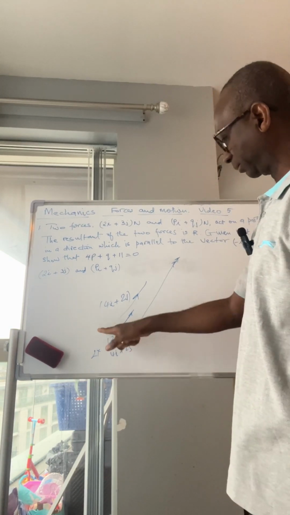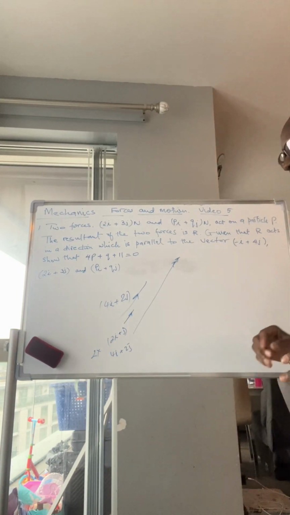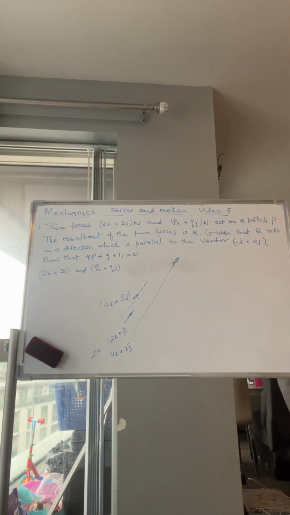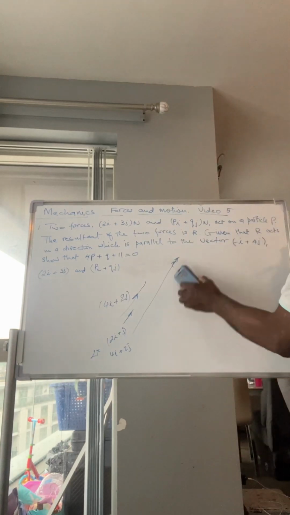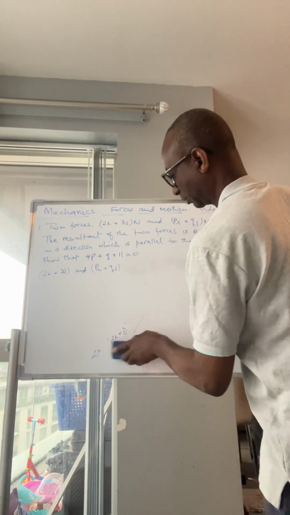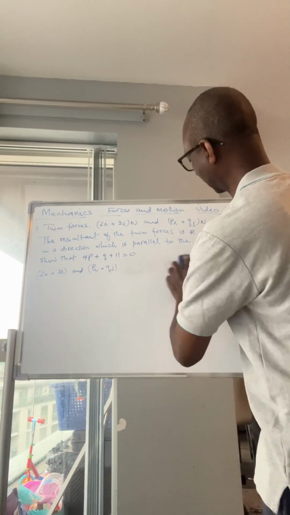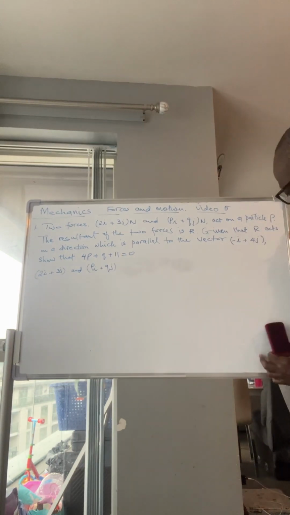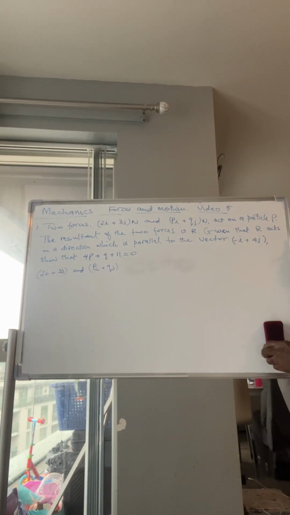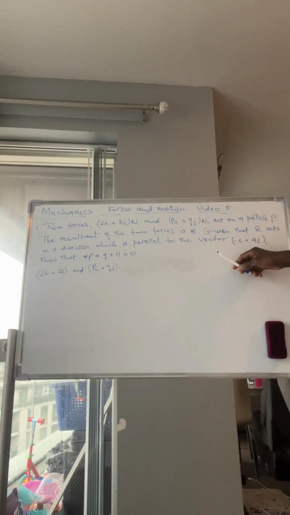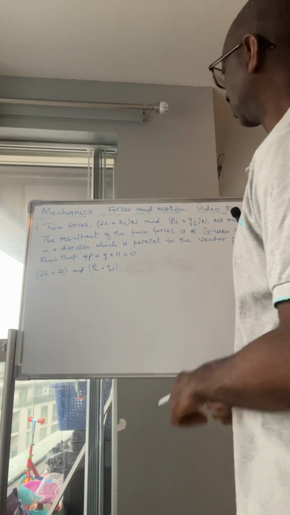So this is a multiple of this, and in that case you can say the two vectors are parallel. So in this problem, we are told that the resultant of the two forces is parallel to a vector. Then let's see how we can solve this problem.